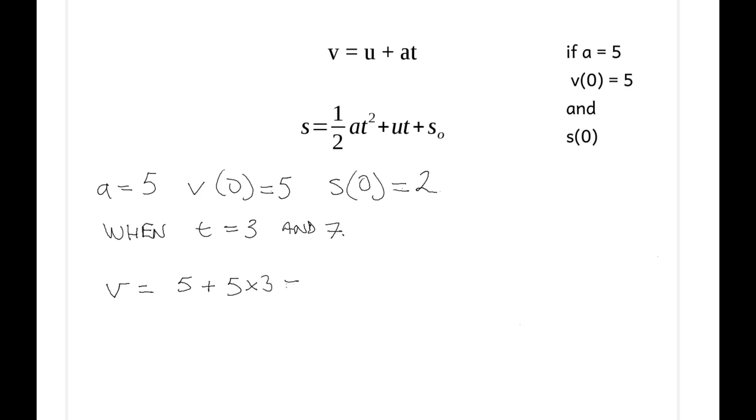That's quite simple. It just gives us 20 meters per second. And if we substitute in for 7, we've got the same initial velocity, plus acceleration times the time, and this time it's times 7, which gives us 40 meters per second.